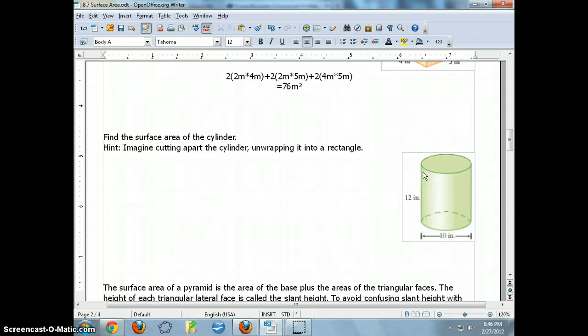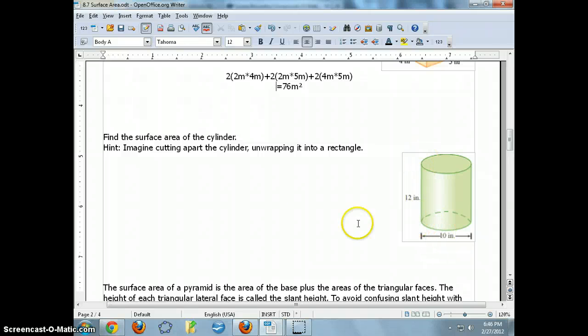If you recall, or if you need to, you can take a sheet of paper, roll it up so that it's cylindrical. Notice that the circumference, or the distance around the circle, is going to be the same thing as the length of the rectangle. Now the height of this rectangle is 12.